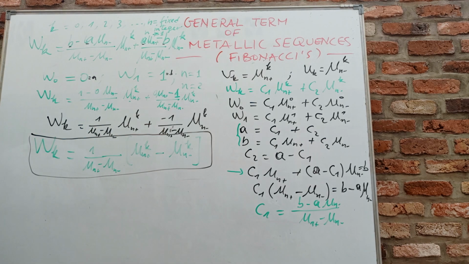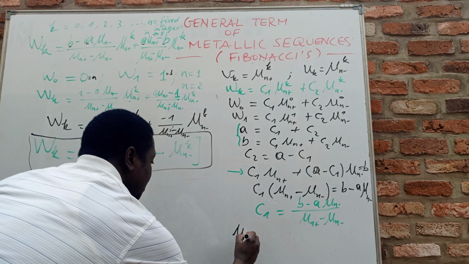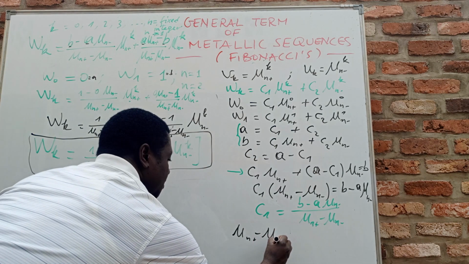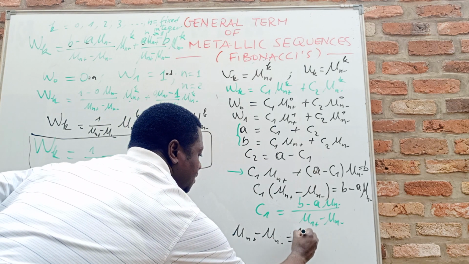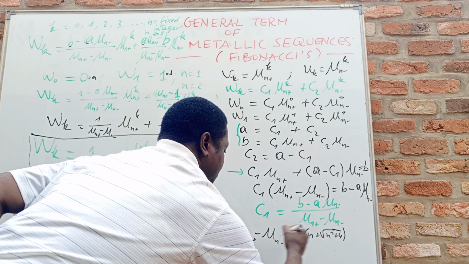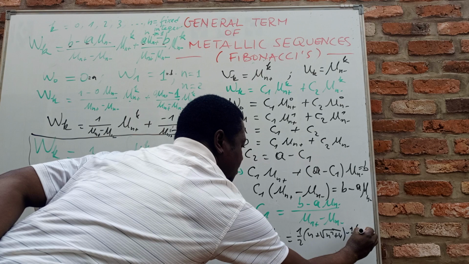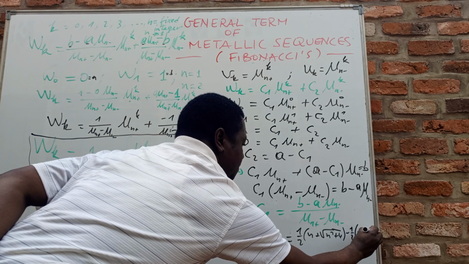More specifically here, we are going to express this ratio in terms of n. So wk equal to, so this difference mu n plus minus mu n minus c is half of n plus c square root n square plus 4, now minus c again half of n minus square root n square plus 4.